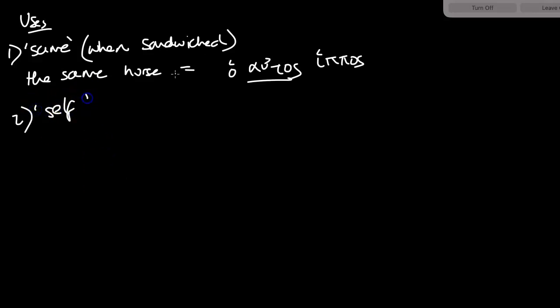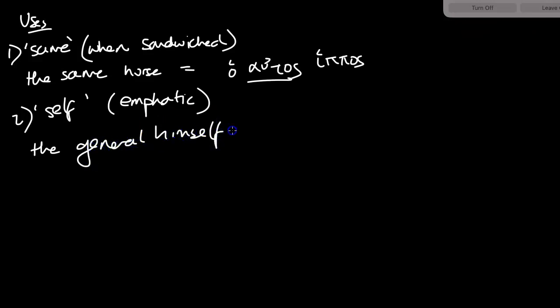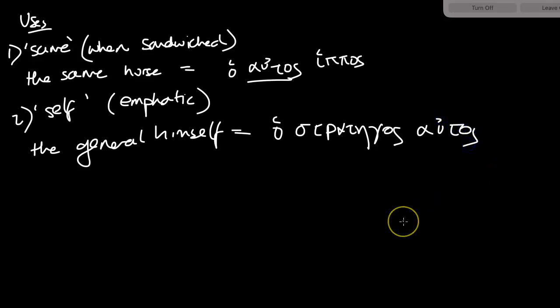If it's not sandwiched, it can mean self. So an emphatic pronoun. Okay? So the general himself would be ho strategos autos. Okay? And that's not sandwiched. That's outside of what it's describing.